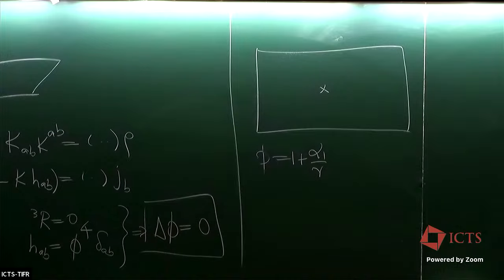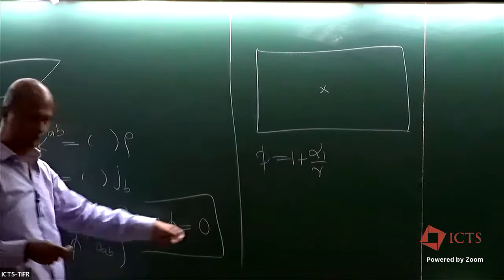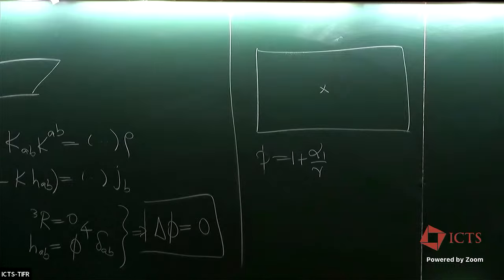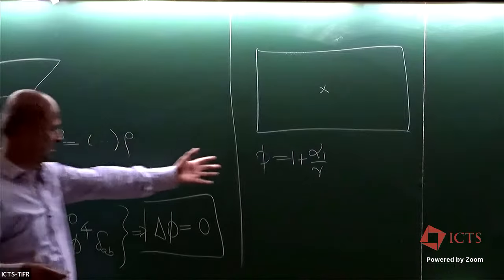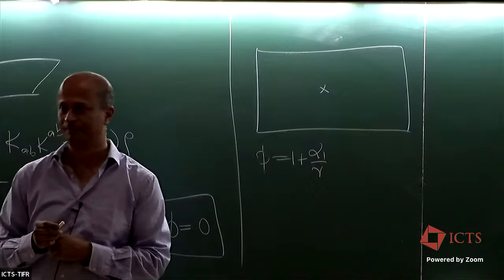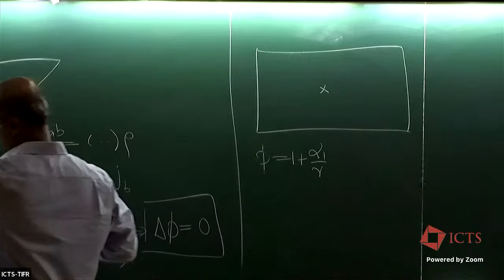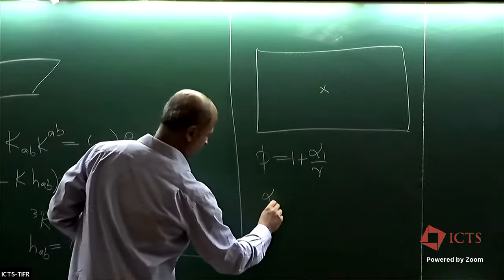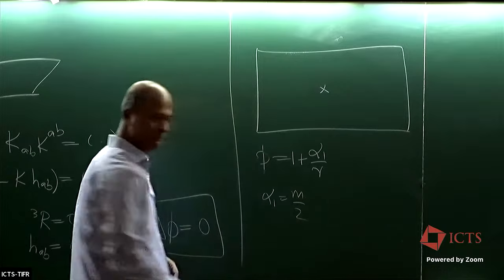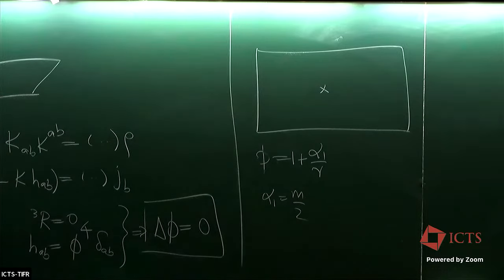This is just the solution of this equation and what you know from electrostatics. This is the general solution of the Laplace equation for a point source. And this alpha 1 turns out to be m over 2. This is then the simplest solution with one puncture for the Laplace equation, and it gives you the 3 metric, and therefore the entire geometry of that spatial slice.